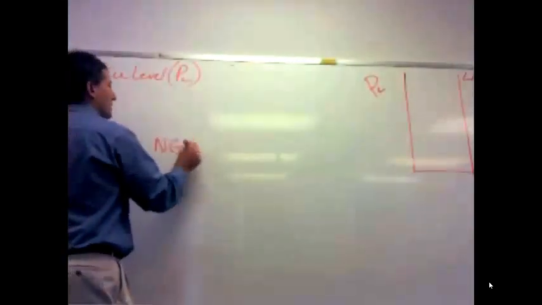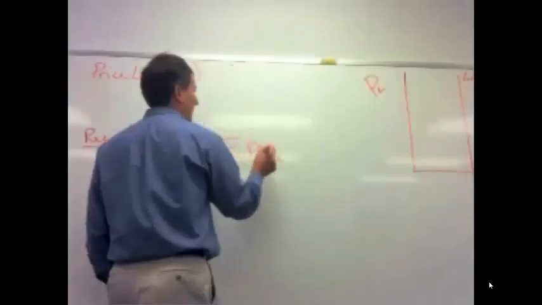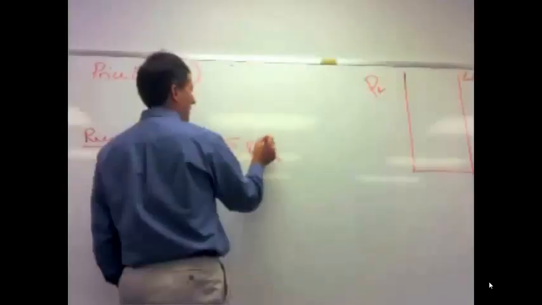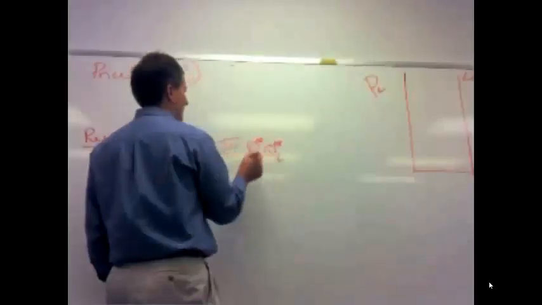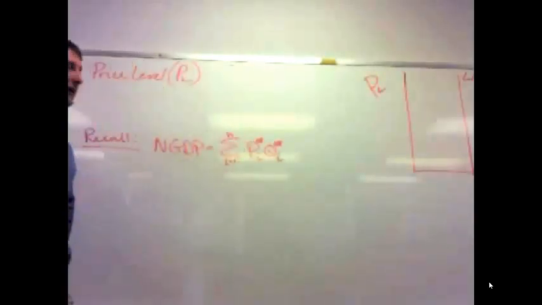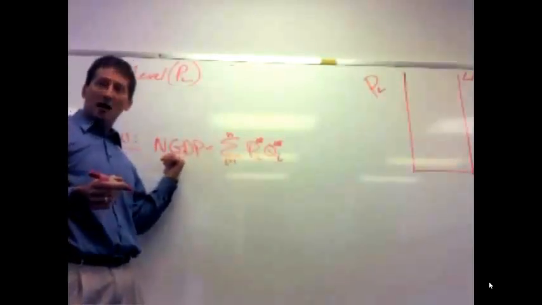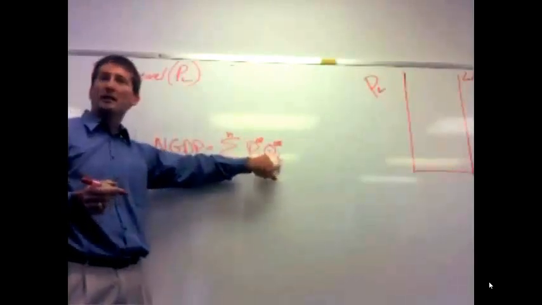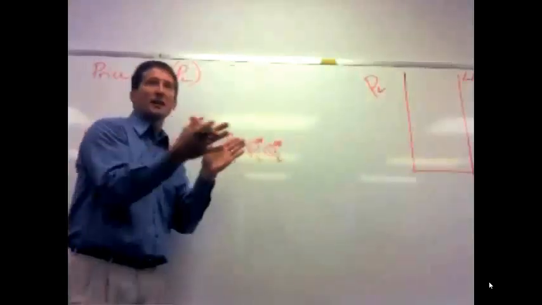So nominal GDP was equal to the sum of all prices and quantities of pizza, beer, chicken wings, weapons, and food in 2008. If we add up the prices and quantities of all the end goods in the economy, GDP, the dollar value of all final goods and services produced within the nation's boundary over the course of the year, changes for 2 reasons. Prices go up and or quantities go up. So we got 2 things moving.